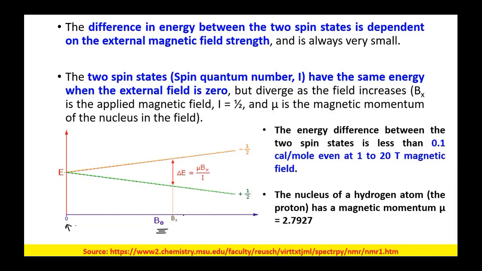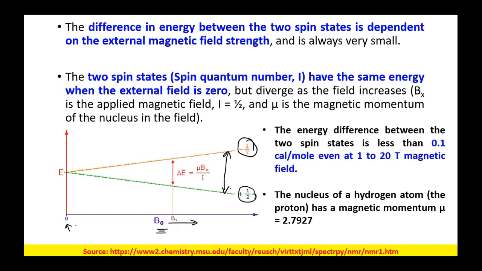Now, as soon as you increase the magnetic field, the difference between these two energy states gets wider and wider. So there will be an energy difference between the plus half and the minus half states.